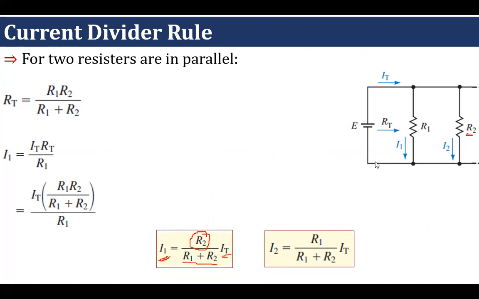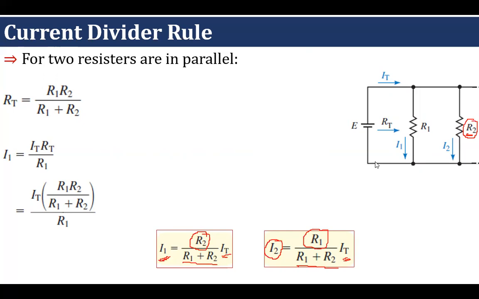Similarly, I2 will be what? We are calculating the current through this resistor R2. So at the top we have to write R1, not R2, upon the total resistance R1 plus R2, multiplied with the source current IT.